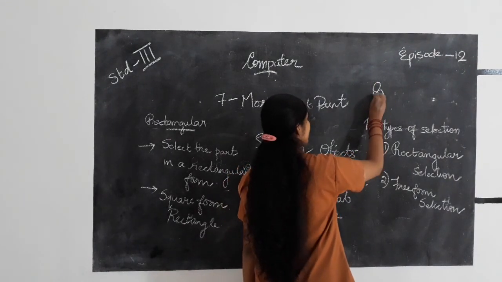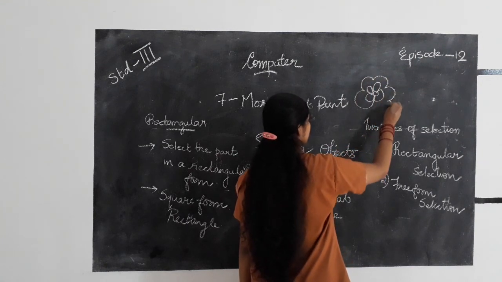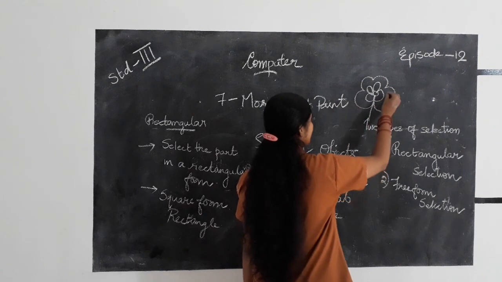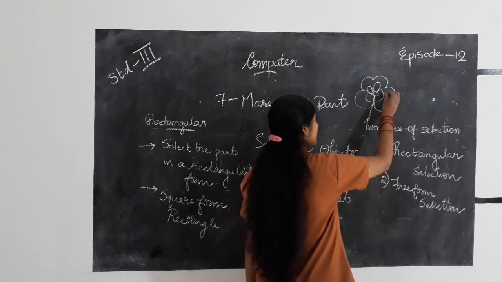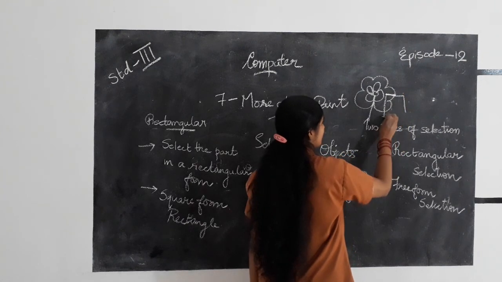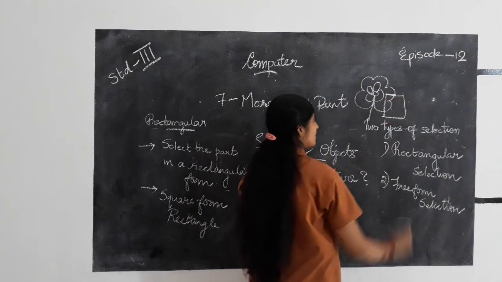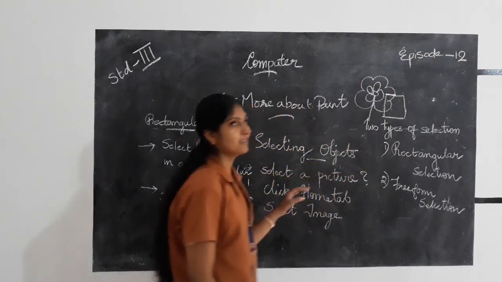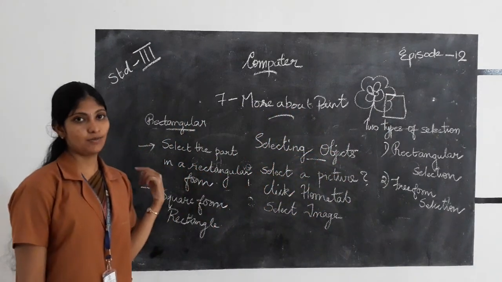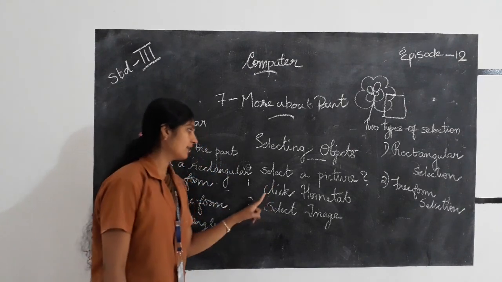Just assume this is your picture, and you want to select a part from the picture. The rectangular form selection will happen when you use rectangular selection. Once again, first select a picture.